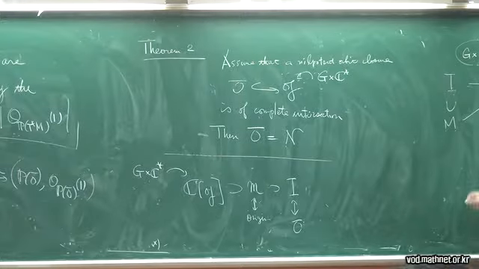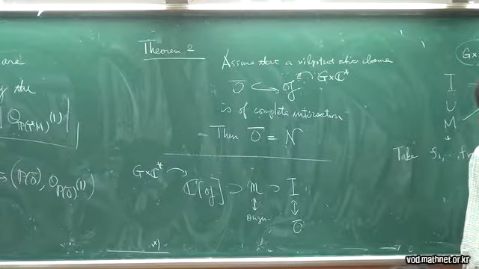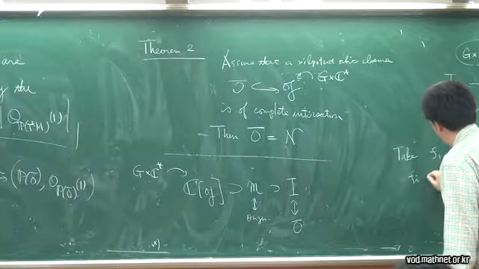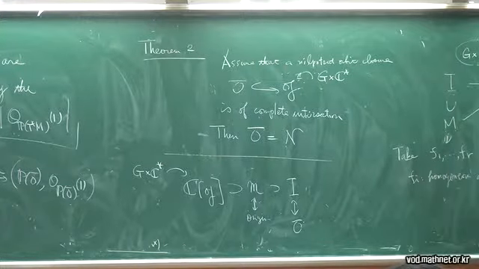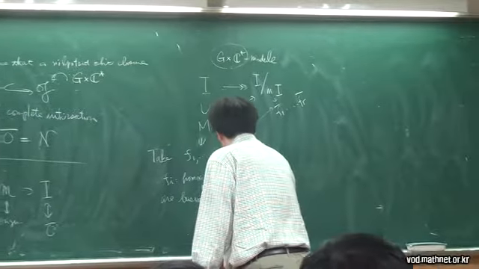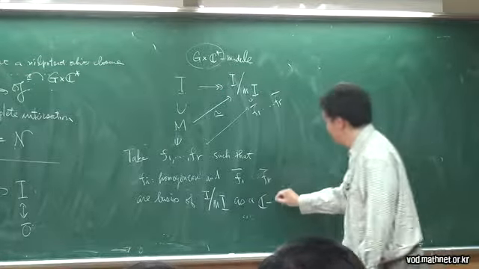So now we take f_1 to f_r here, elements of I, such that the f_i are homogeneous, and the images here form a basis of I mod MI as a C vector space. This is a finite dimensional C vector space.